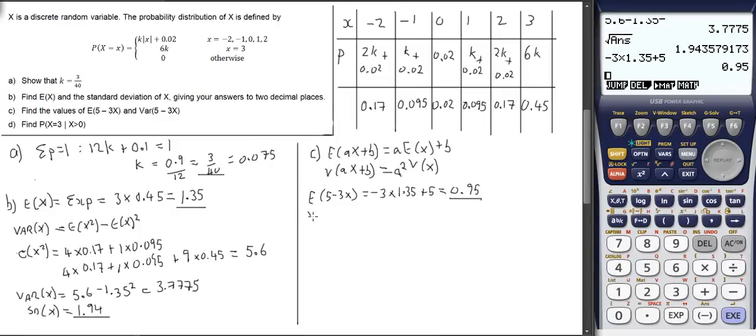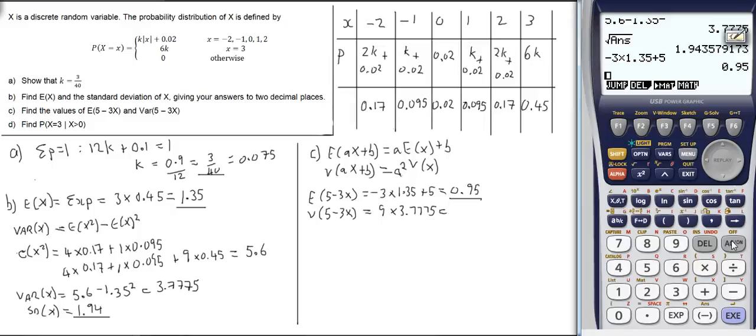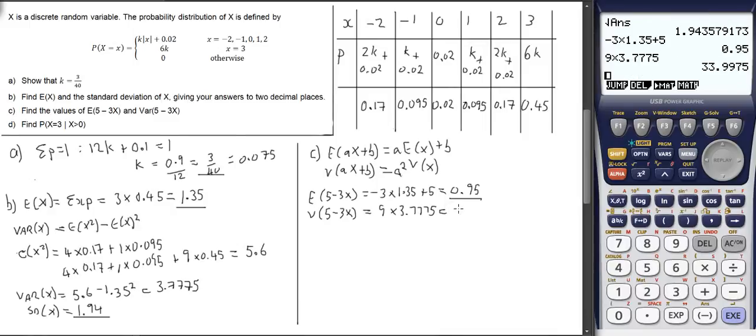And the variance of 5 minus 3x is simply 9 times 3.7775. And we get 33.9975, which I think I'm going to give to 3 significant figures, 34.0.